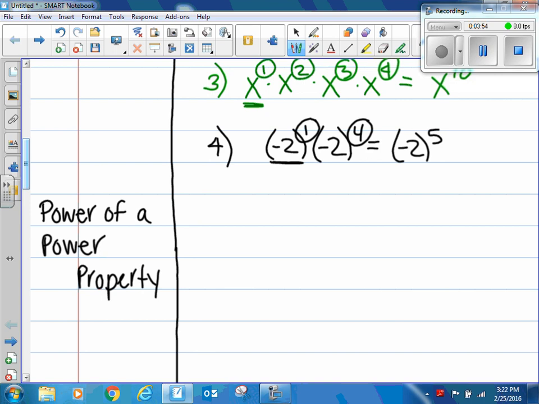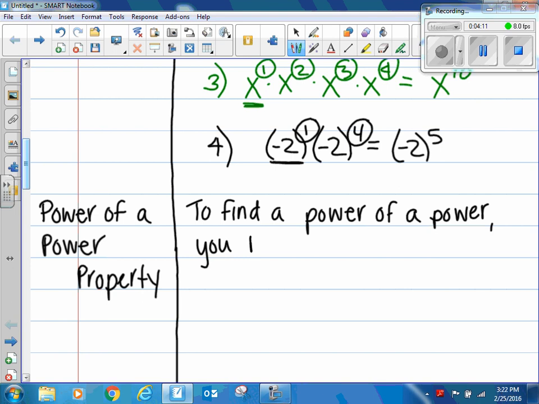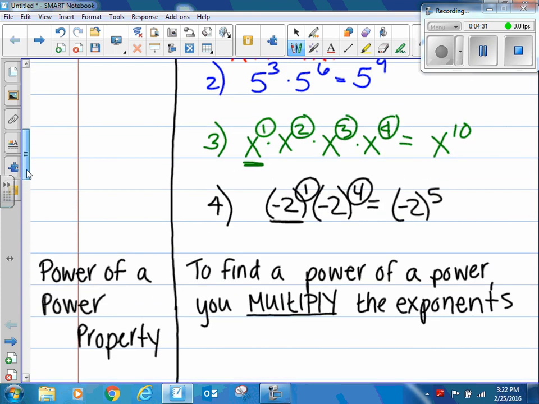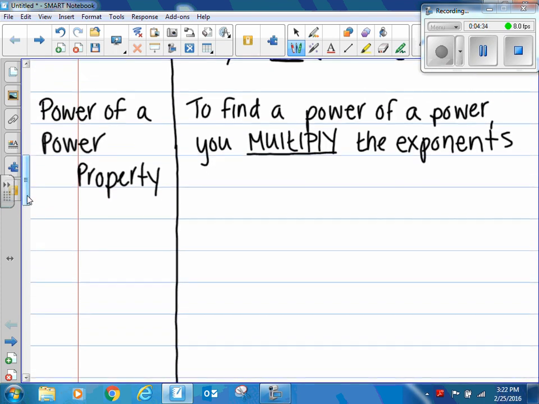Okay, and what this says is that to find a power of a power, you multiply the exponents. Okay, so a power of a power. So first, when we're multiplying, we add. Now we are going to multiply the exponents.